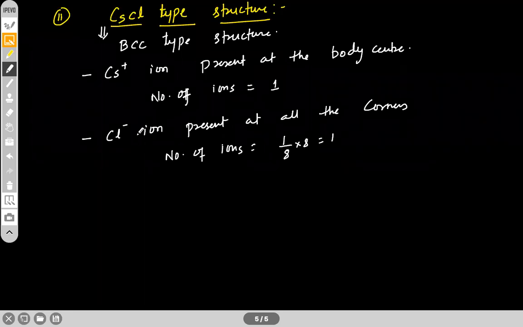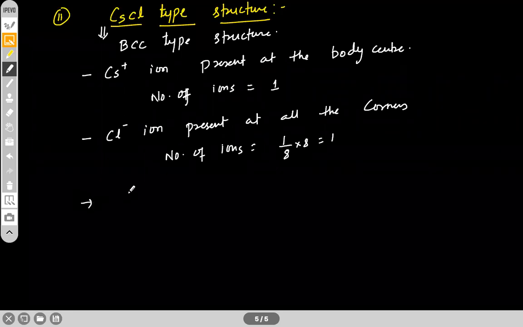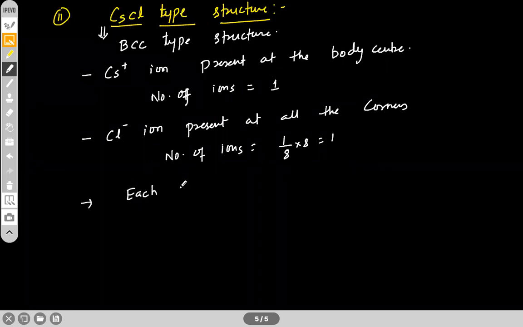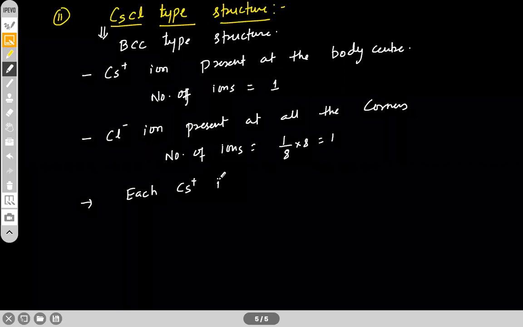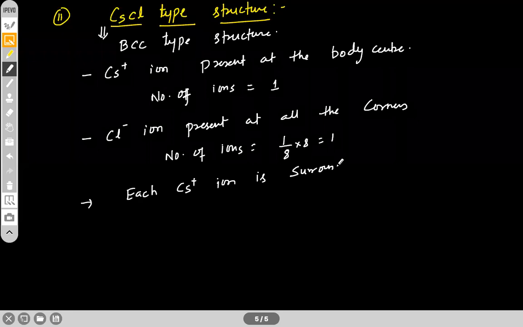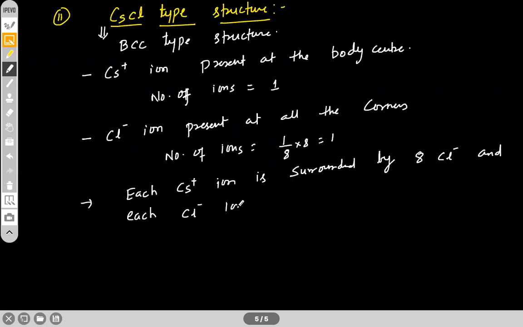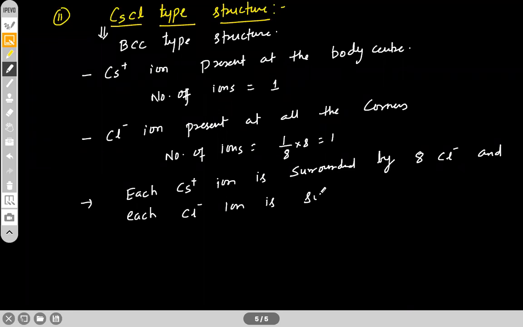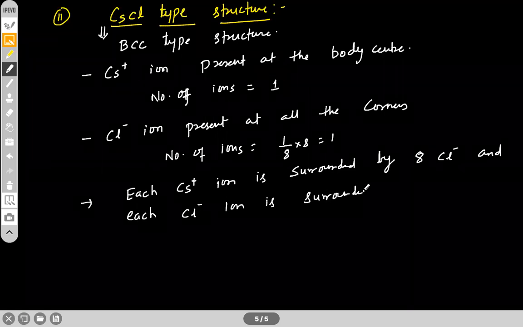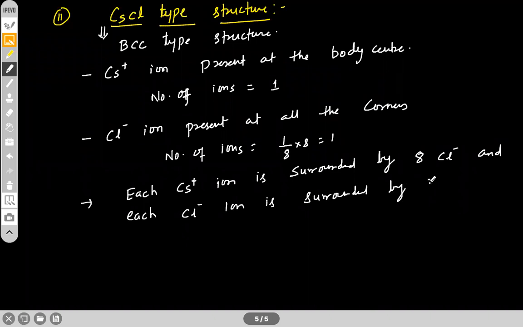Right? Write down, each Cs plus ion is surrounded by 8 Cl minus ions, and each Cl minus ion is surrounded by 8 Cs plus ions.